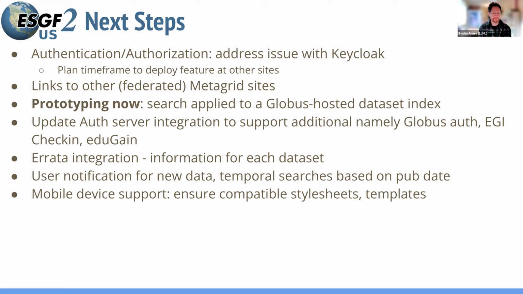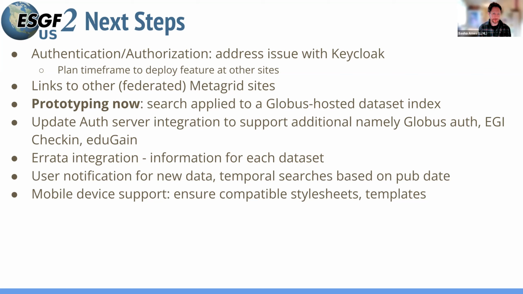Next, we want to integrate the errata system that tracks issues with data. Now it's just CMIP6 datasets, and we could do something like display that information or have color-coded icons. Maybe if it's a user-submitted erratum, one color. If it's a bad known issue, it could be a nasty red check mark. That'll be very useful.